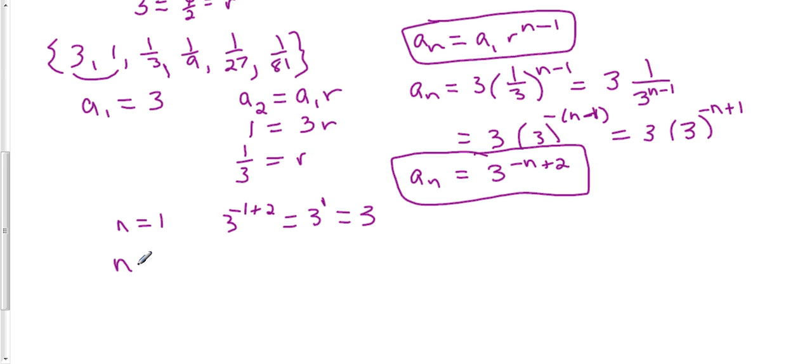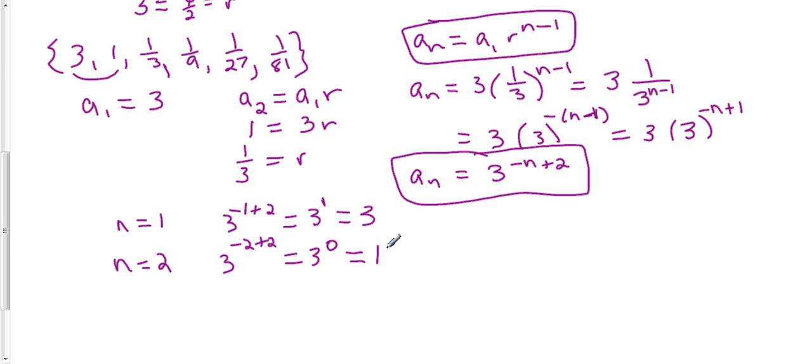So far so good. So let's let n be equal to 2, and now I've got 3 to the negative 2, I'm just substituting in a 2 everywhere I see an n, plus 2, and that's going to give me 3 to the 0, and we know that any number raised to the 0 is equal to 1. Okay, that's the second term.